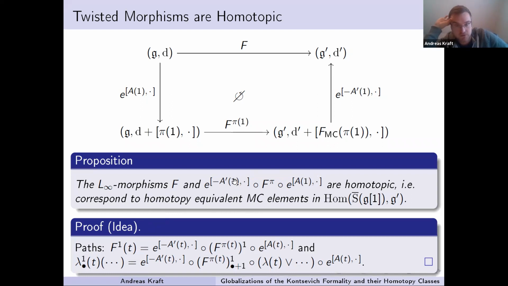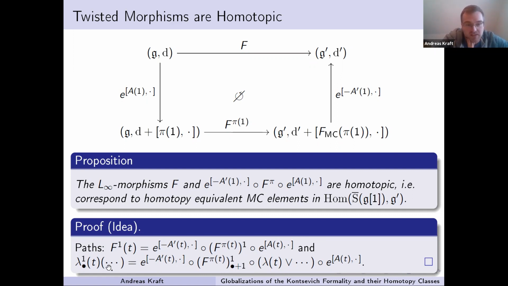We just write everything here with t dependency. Evaluating at 1, it's just this one, and at 0, it's just F, because pi at 0 vanishes, a at 0 is 0, and a prime at 0 is also 0. So this is a path between F and this twisted one. Then one can check, setting lambda bullet of t, this path of maps in here, like this, that they satisfy this differential equation. It's just some lengthy combinatorial computation. It's not really hard.